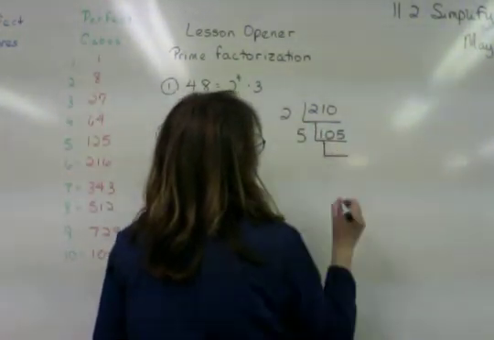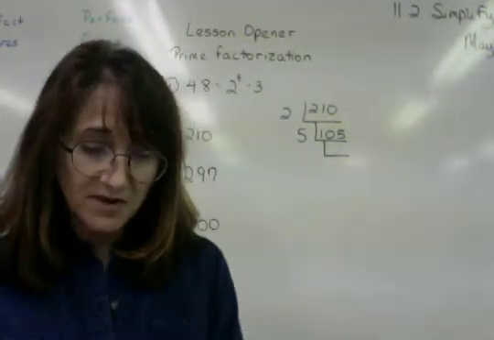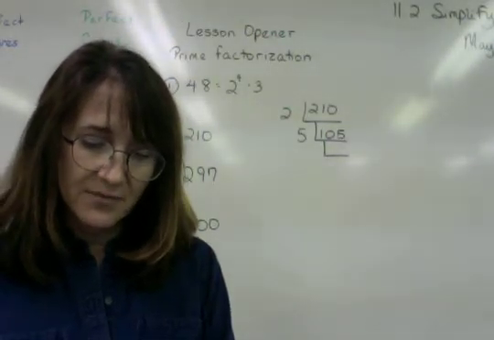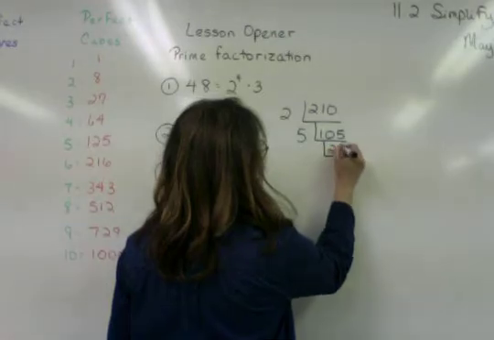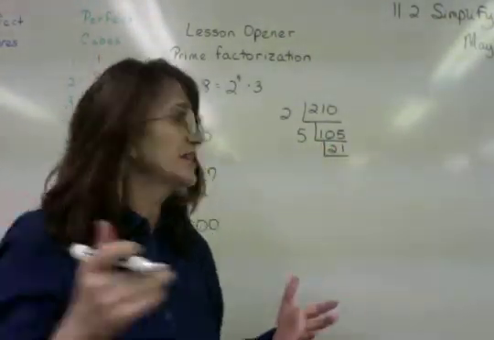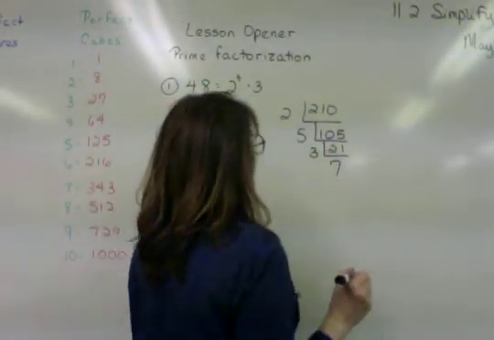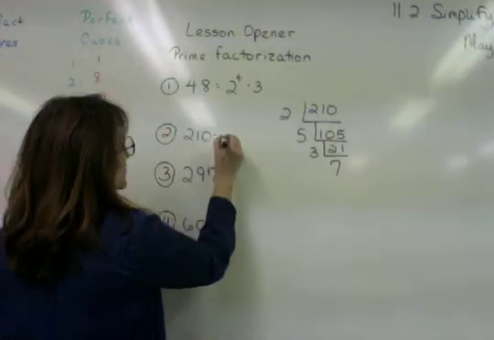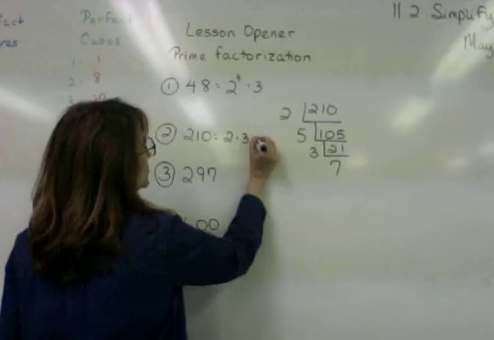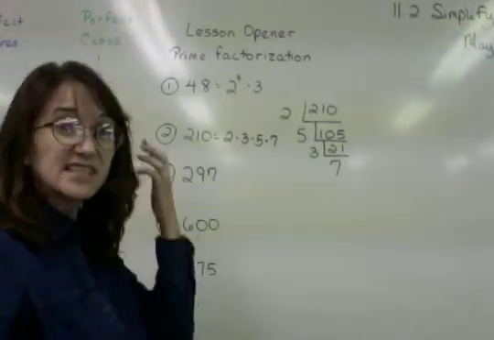I'm going to divide this by 5, and I get 21. I know these from multiplication tables. I would divide that by 3, and then my last prime number would be 7. So the prime factors for 210 are 2, 3, because we normally put them in numerical order, 5, and 7. Like I said, I like the ladder better.